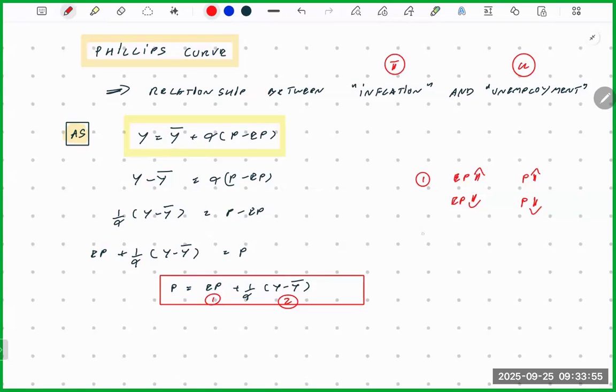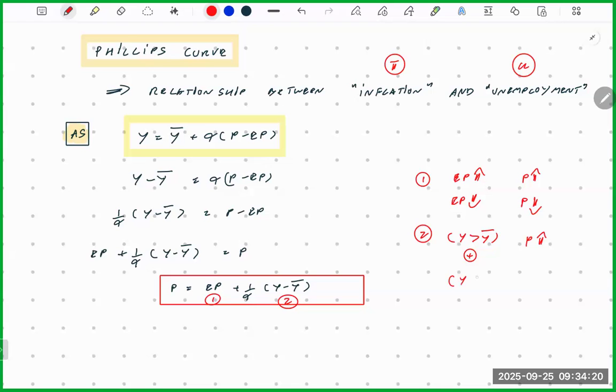And the second factor is y minus y bar, about the economy. If y is greater than y bar, which means the economy is very good, GDP is greater than the full employment level, this bracket becomes positive. The right hand side increases, the left hand side is going to increase, right? So when the economy is good, everything becomes more expensive.